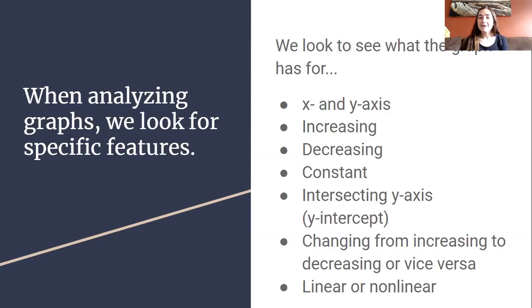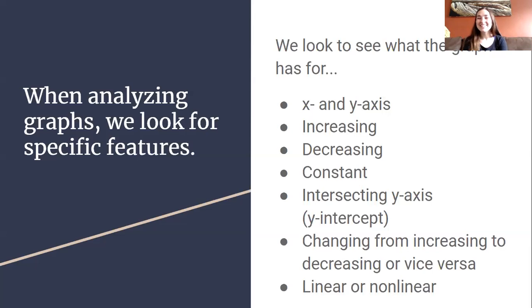Okay. We also want to look to see if it's intersecting the y-axis. So we have our y-axis, look at the graph. Where is it intersecting the y-axis? And whatever that point is, remember that's the y-intercept. You guys did that a couple weeks ago, so you should be masters of that by now, right?